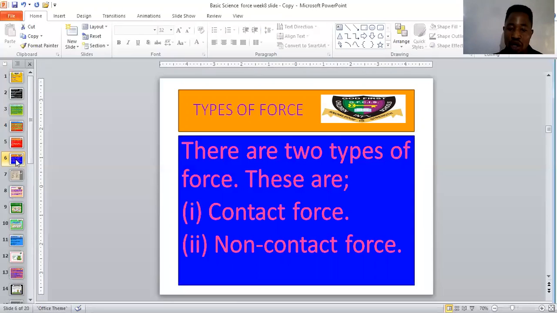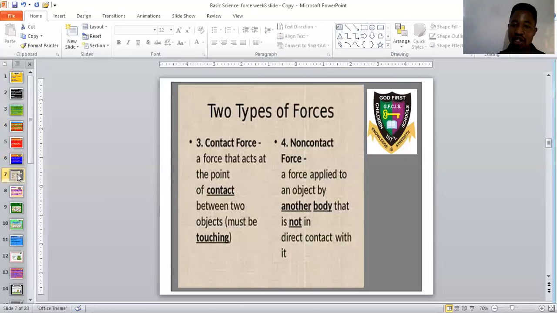Now, let's go to contact and non-contact force in details. Two types of forces. Number one, we have contact force. A force that acts at a point of contact between two objects. The two objects must be touching.